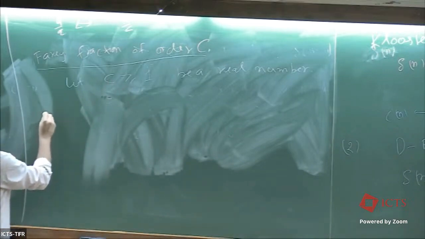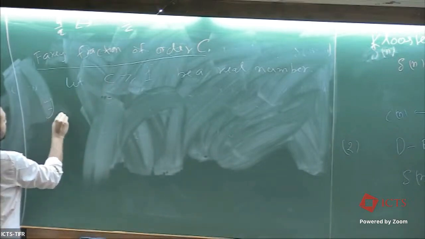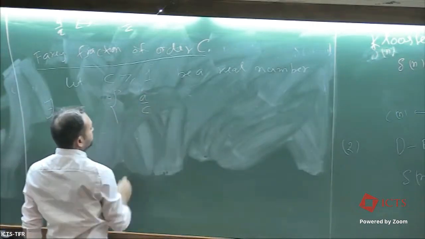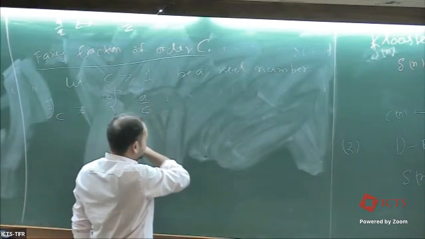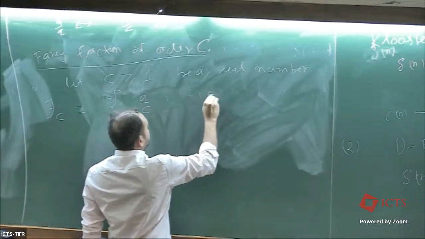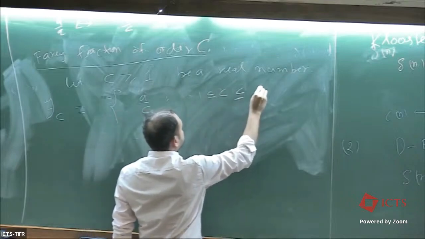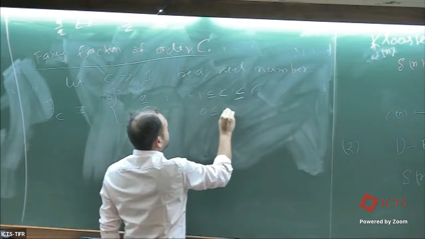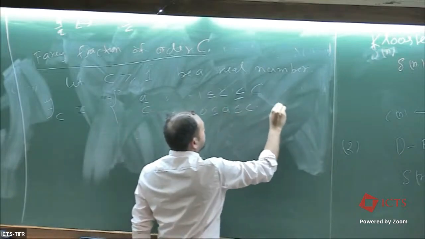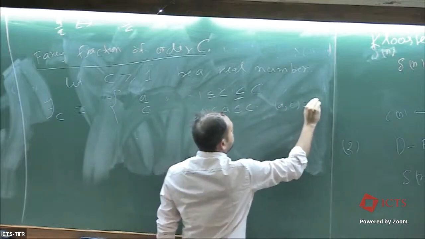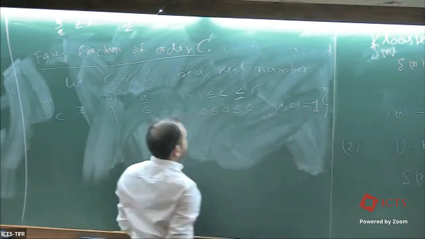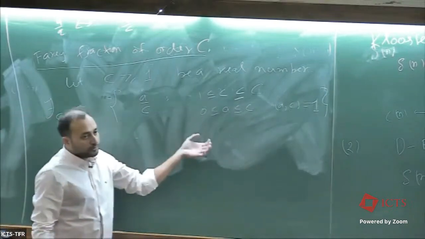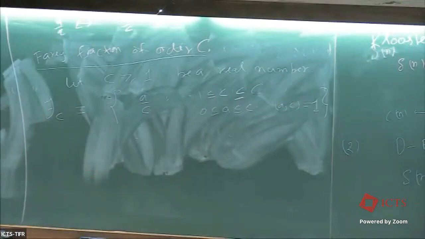Then the Farey fractions of order C, denoted by F of C, are the collection of all the rational points a by c such that 1 less than or equal to c less than or equal to capital C, 0 less than a less than or equal to c, but a is coprime with c. That's all. You have to include 0 because for c equal to 1, 0 by 1 is also a fraction, so you have to include 0.